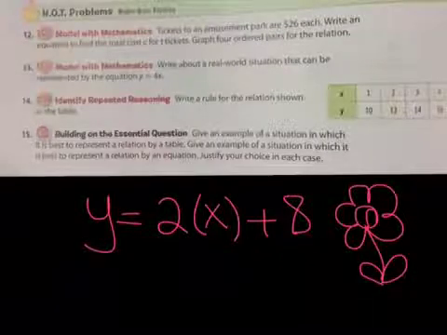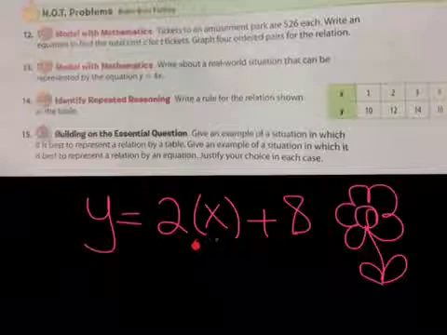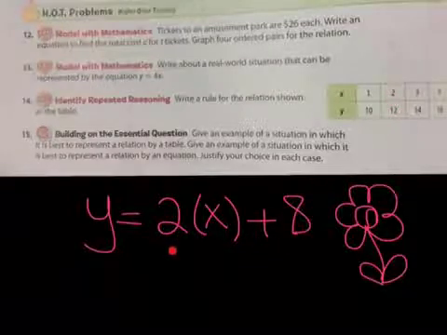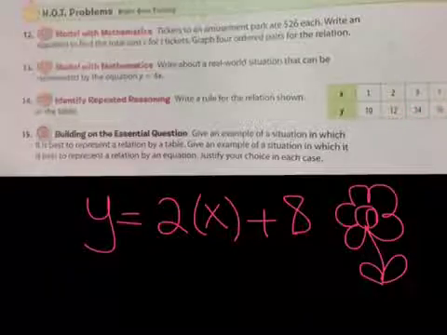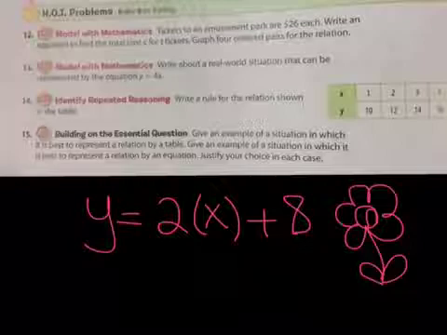You see, if we multiply 2 times 1, we get 2, plus 8 is 10. 2 times 2 is 4, plus 8 is 12. 2 times 3 is 6, plus 8 is 14. And 2 times 4 is 8, plus 8 is 16. So yeah, this equation works.